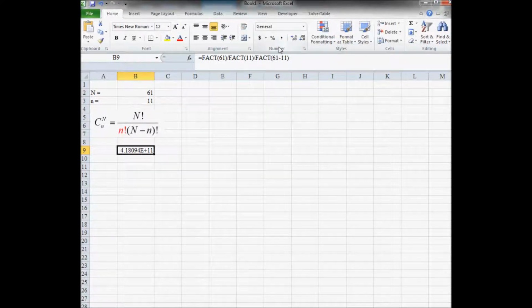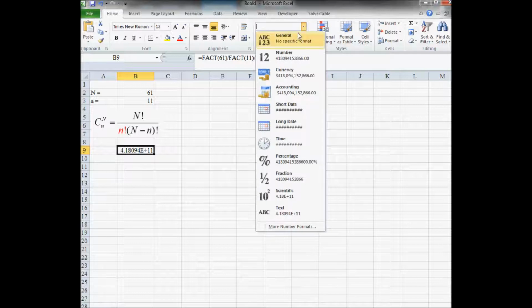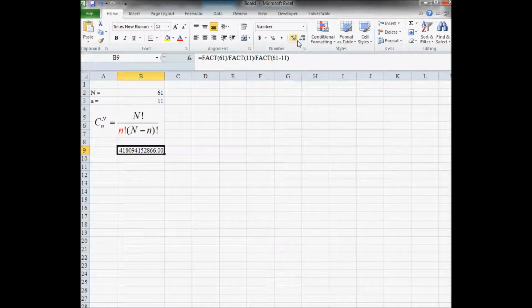I'm going to format this a different way. We just go number with no decimal places. That's one way to get the number of unique samples of size 11 from a population of 61.